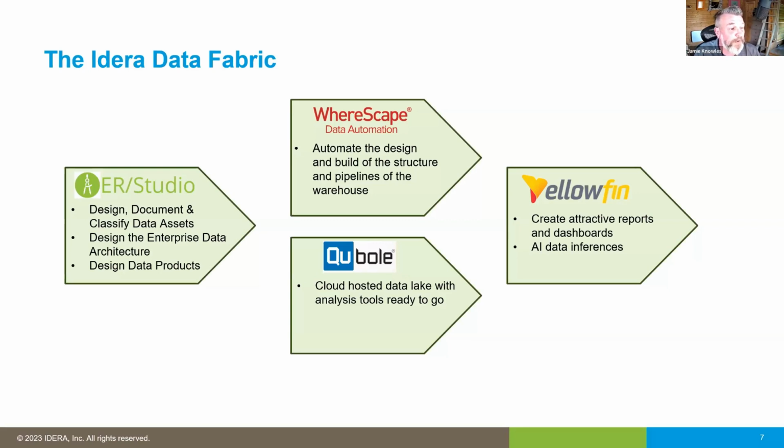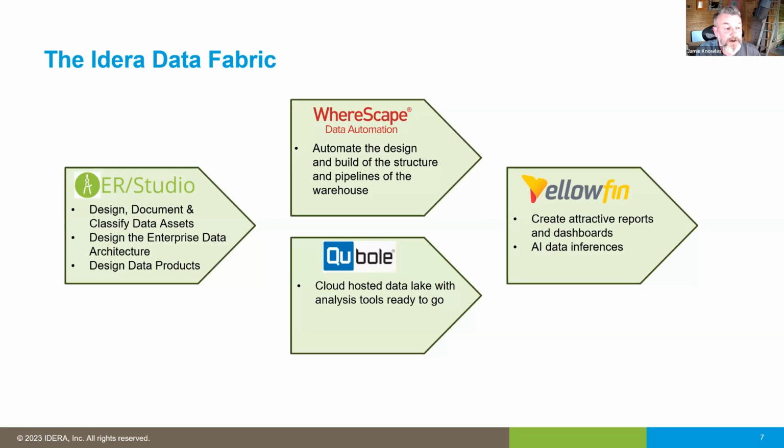We've then got Qubole, which is a cloud-hosted data lake product, where we can take semi-structured data. We've got all the tools that you need to run analyses on the data and then use that data. WhereScape and Qubole working together gives us a really exciting story around data lakehouse, where we can start to add some formal structure to the information and the data in the lake.